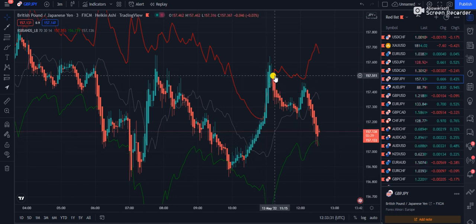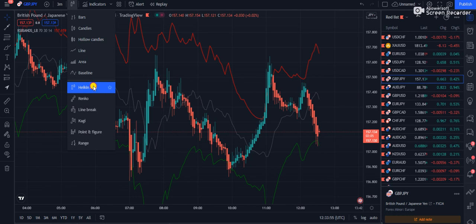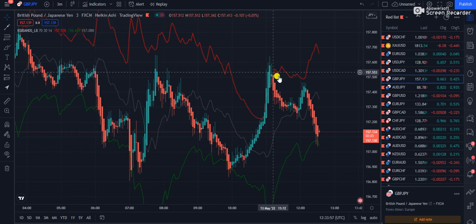You can see the market stayed pumped up and the Bollinger Bands expanded, yet you did not take any sell position because the Heikin-Ashi candles were green. When they turn red, then you can take a sell position. That's the power of using Heikin-Ashi candles with this RSI band strategy.